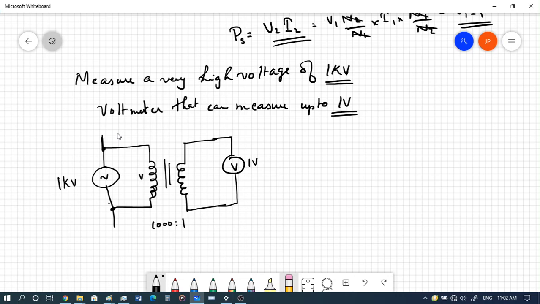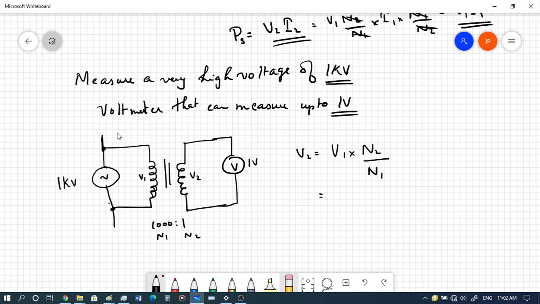Let's call this V1 and this V2. The voltage V2, with N1 and N2 as shown, will be equal to V1 into N2 by N1.